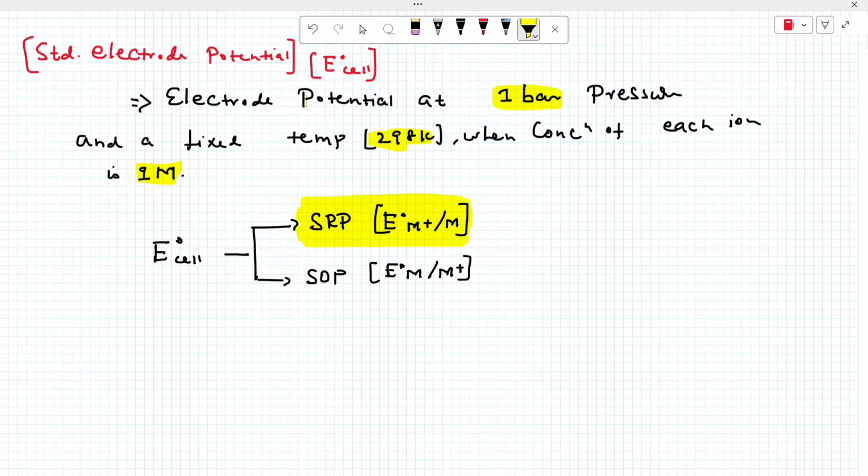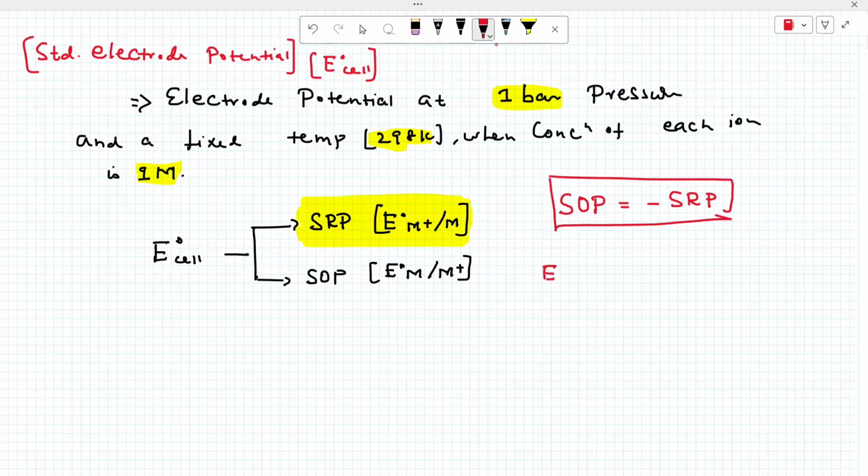Again, important point, please note, that SOP is equal to minus of SRP. For example, the E naught of Zn 2 plus slash Zn, the value is minus 0.76 volt. Is this SRP or SOP, students? This value I gave now.